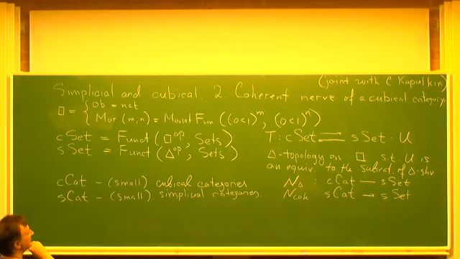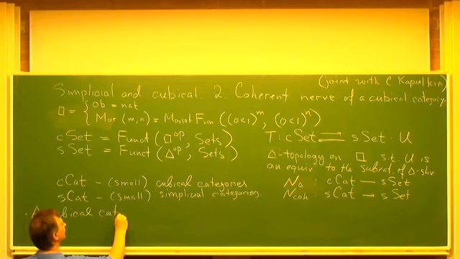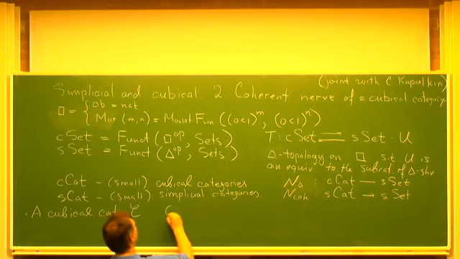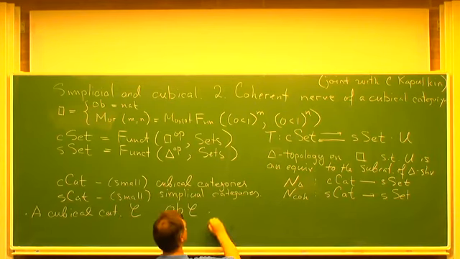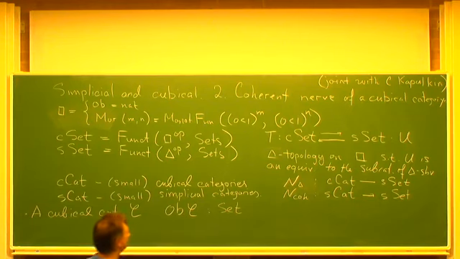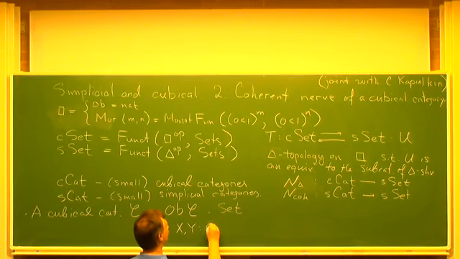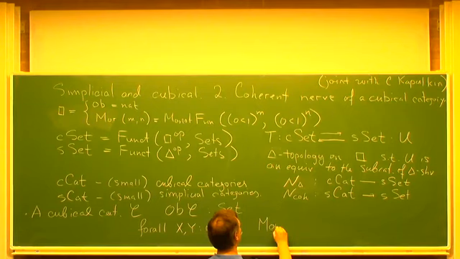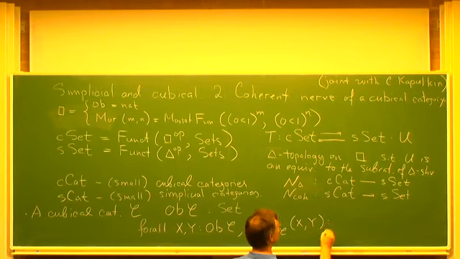So a cubical category is a contraption where one has Ob of C, which is a set, and then for all x, y in Ob of C, one has Mor(x, y), which is now a cubical set.